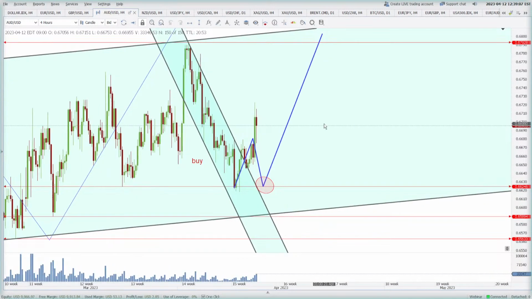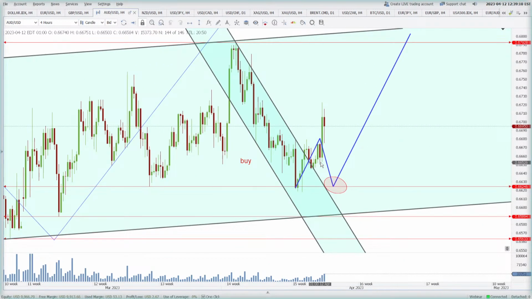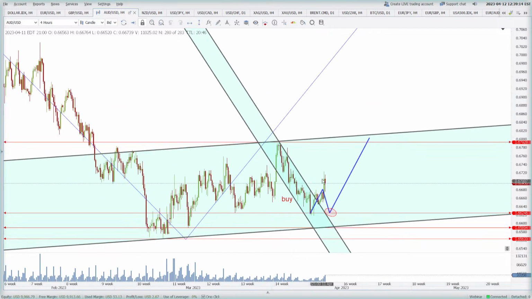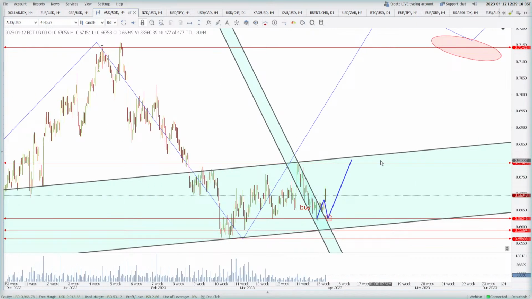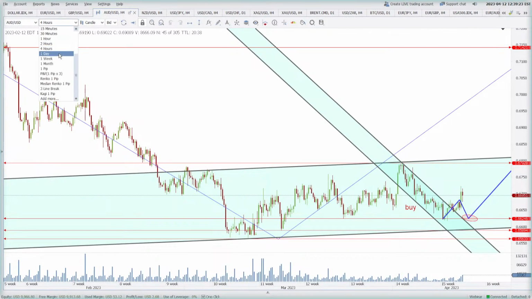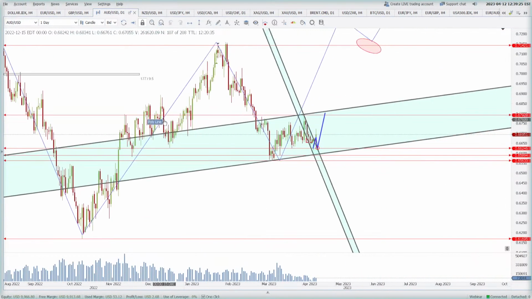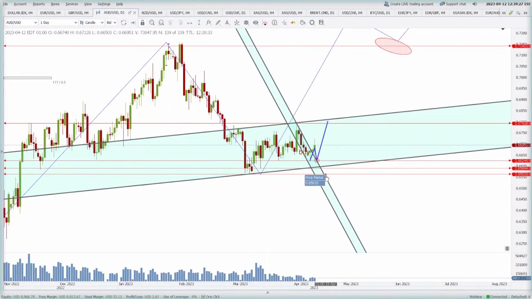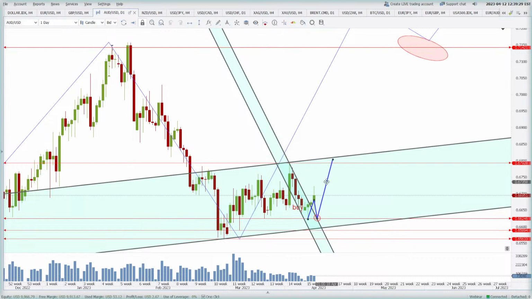Australian dollar finally has shown us some move higher, but we cannot be very sure that it is making higher highs and higher lows. But still, we have got a hint from the market. I'll show you on the daily. I have shown it yesterday, but I'm showing it to you right here.